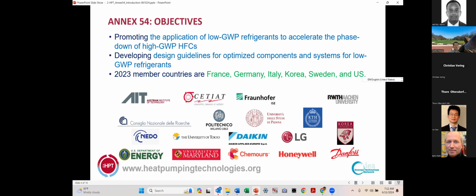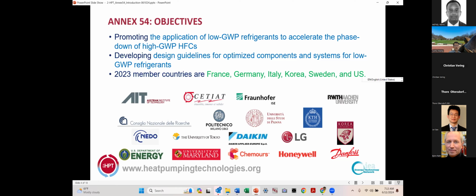For Annex 54, we had the following objectives. The first was promoting the application of low global warming potential refrigerants to accelerate the phase down of high global warming potential HFCs. The second was developing design guidelines for optimized components and systems for low-GWP refrigerants.